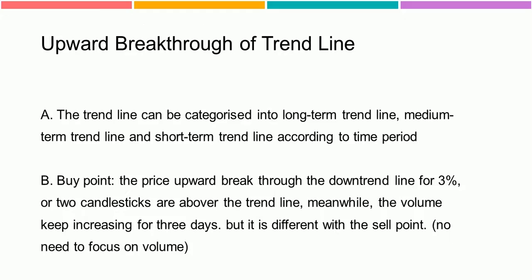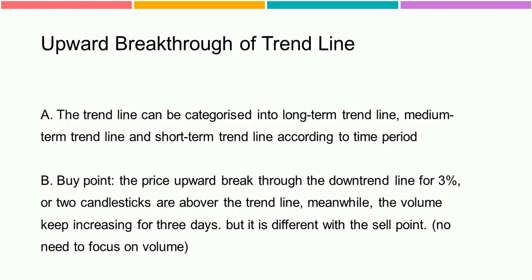Okay. So let's see the upward breakthrough of trend line. The trend line can be categorized into long-term trend, medium-term trend, and short-term trend line according to the time period. The buy point: the price upward breaks out the downtrend line by 3% or two candlesticks are above the trend line.